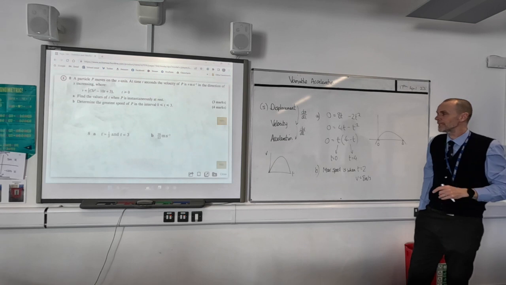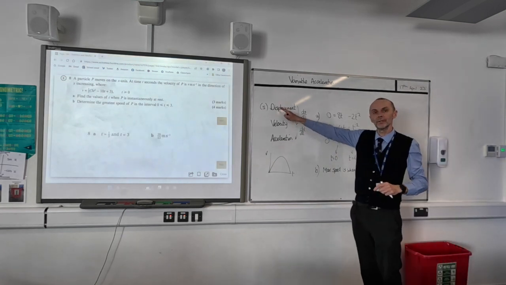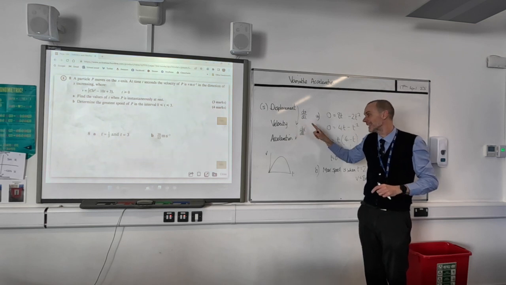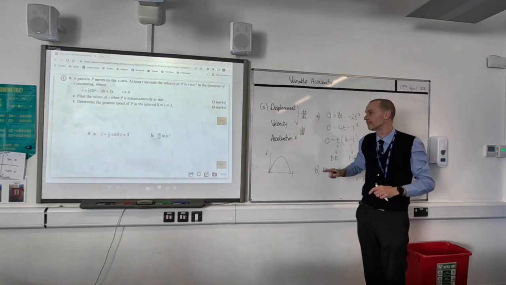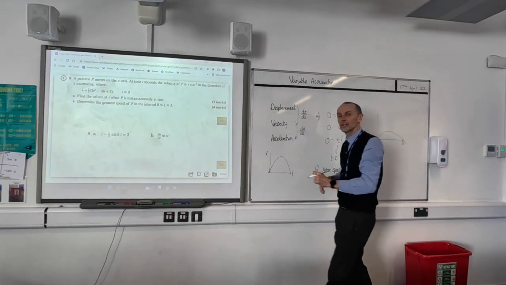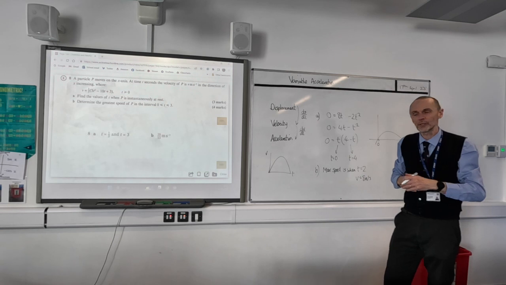And it's even better because if you've got a formula for displacement, you can differentiate it once to get a formula for velocity and again to get a formula for acceleration. And we already know, don't we, that differentiation has an inverse operation.